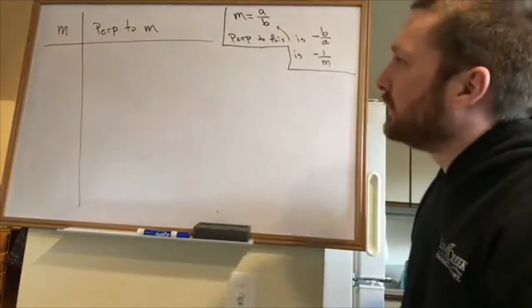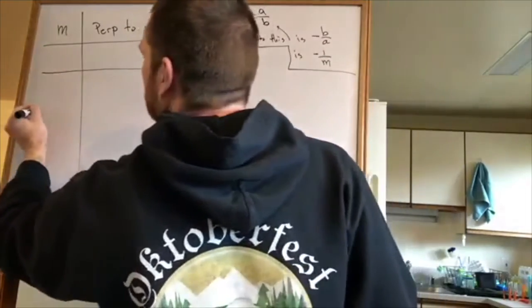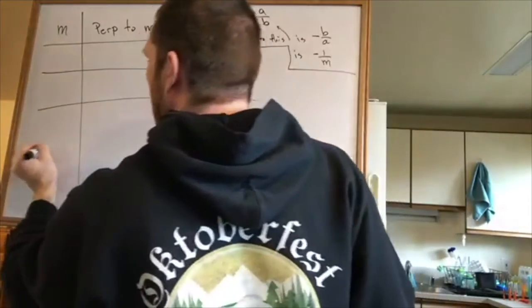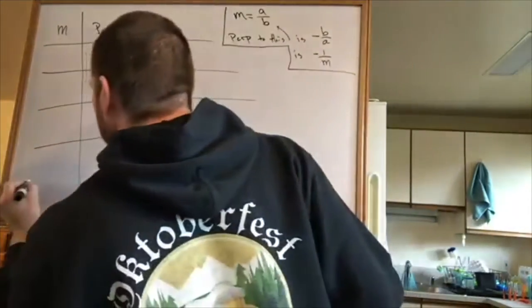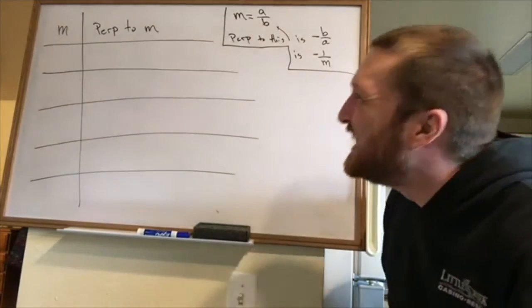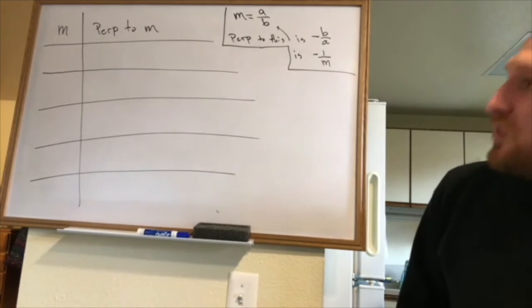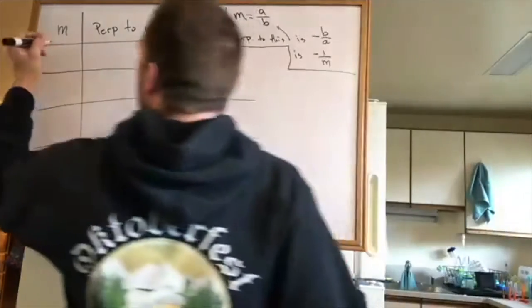Okay, so let's say then my slope is 2/3.